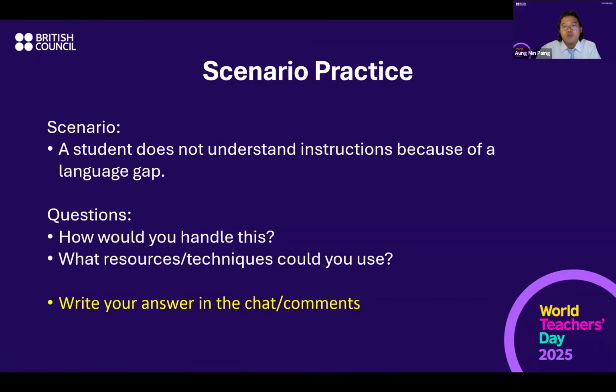Yeah, remove from the YouTube. Okay, and buddy system. Absolutely. Yes, give instructions in chunks. Perfect. Use gesture and write the instruction on the board and use simple language.